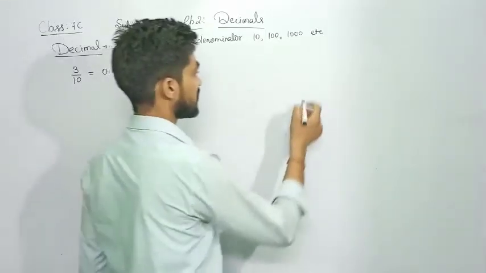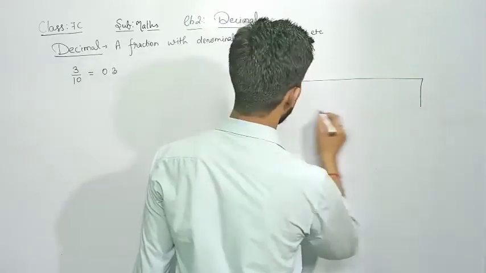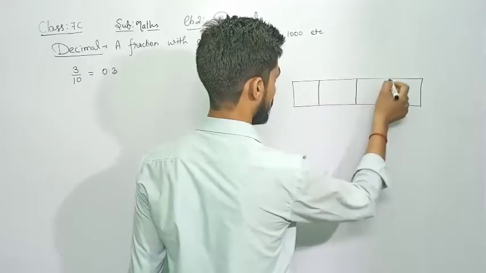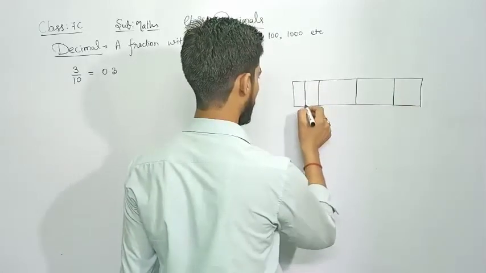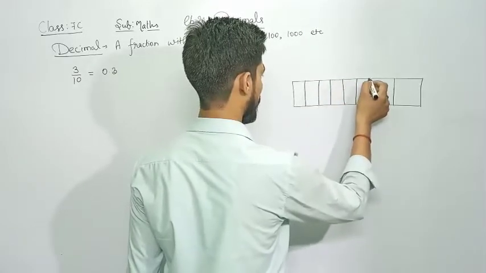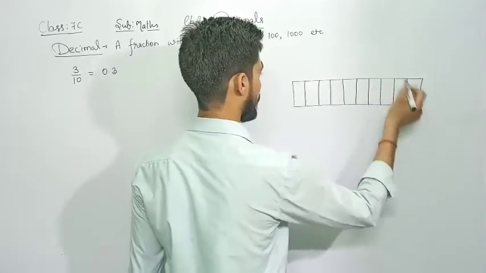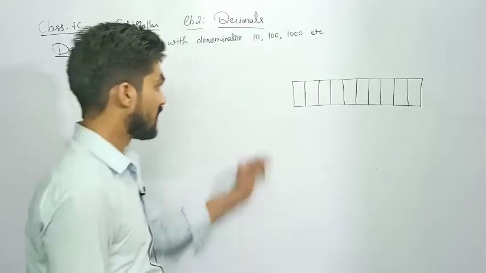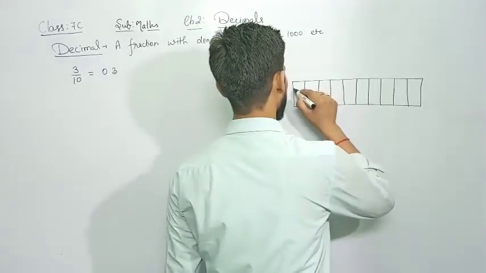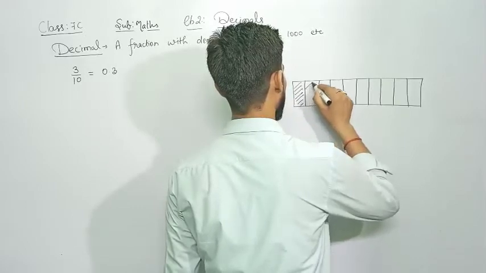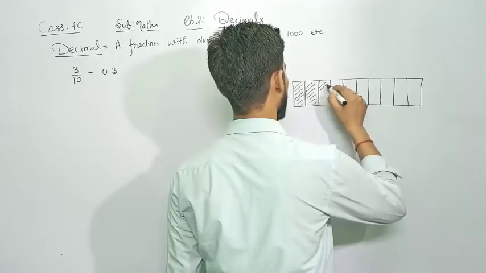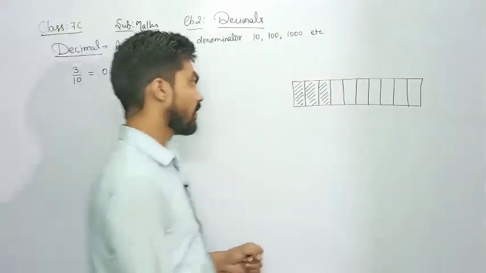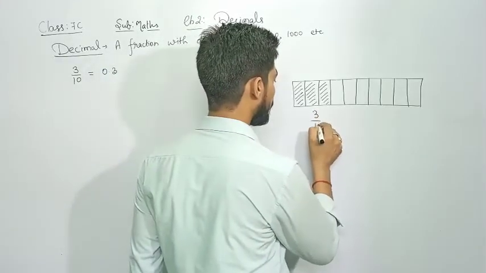So my dear children, suppose we have a box having 10 equal parts. If we take 3 parts of this, we will say it is 3 out of 10.